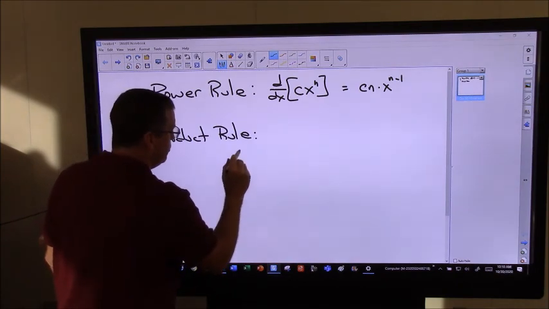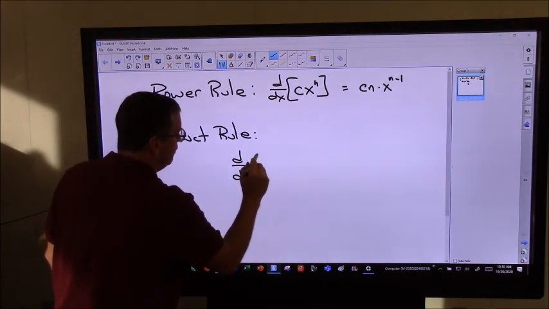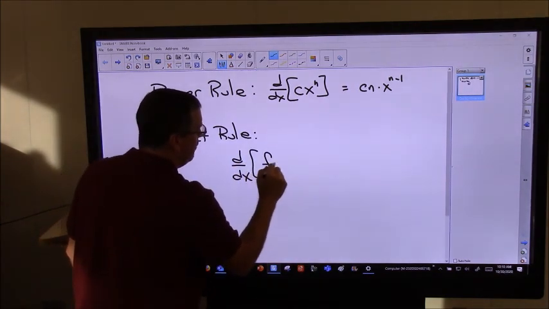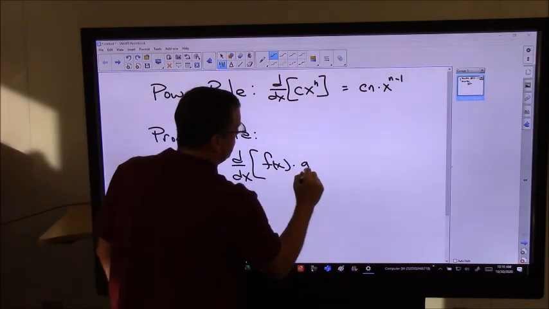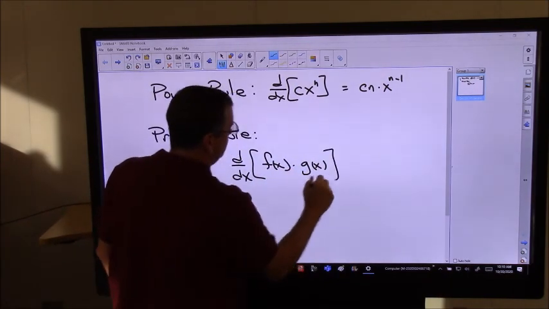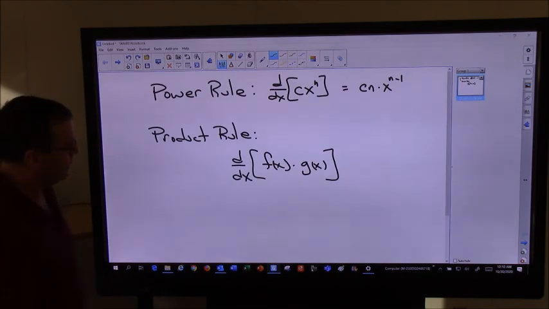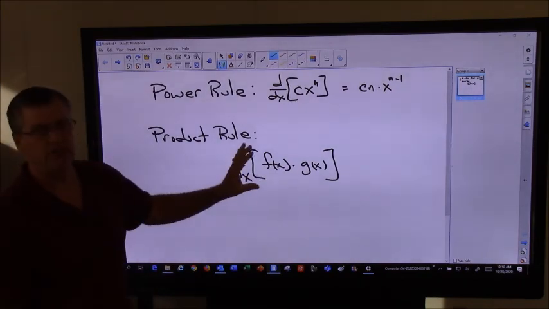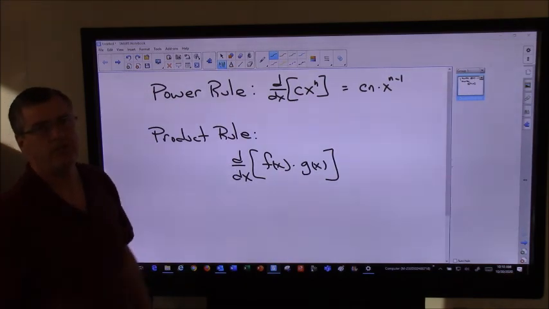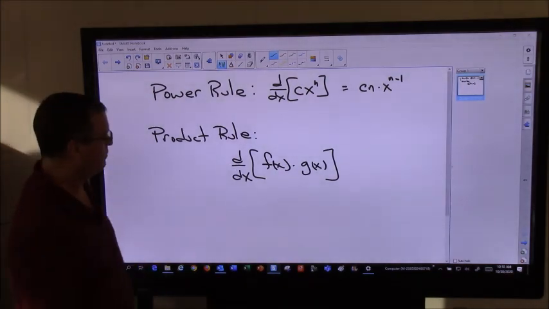So what I want to do is take the derivative of f of x times g of x. So we're multiplying two things, thus the product rule, and the question is, what's the answer to that? Okay.